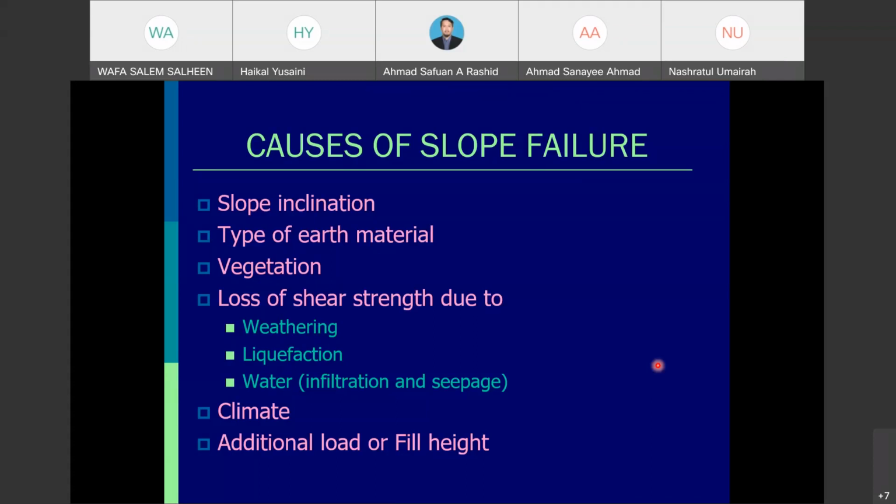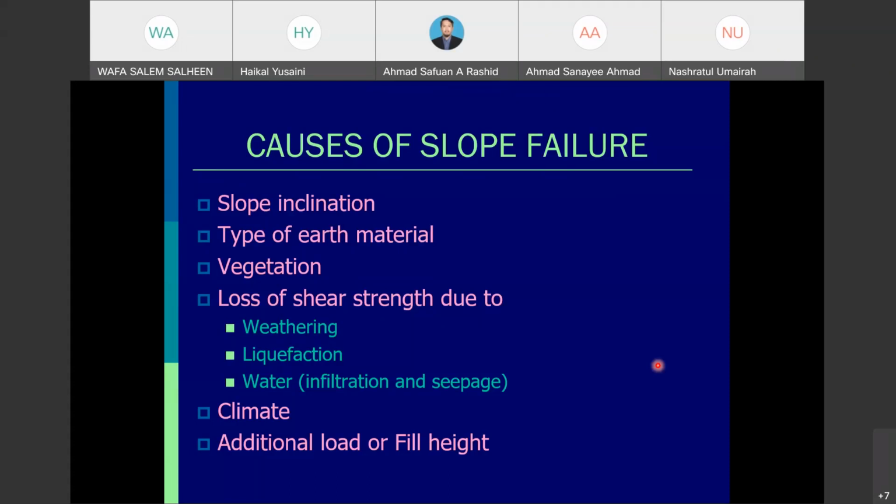Additional load or fill height may contribute to the failure of the slope, so we need to make sure that any structure is built far from the top of the slope and to reduce the effect of the fill height. That is why we need to have the berm.